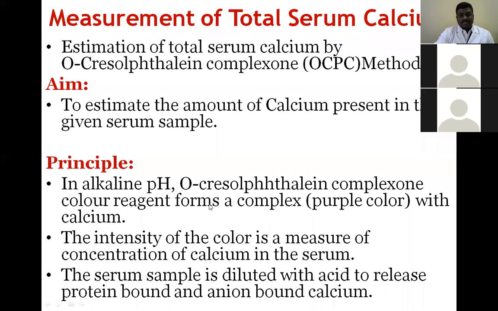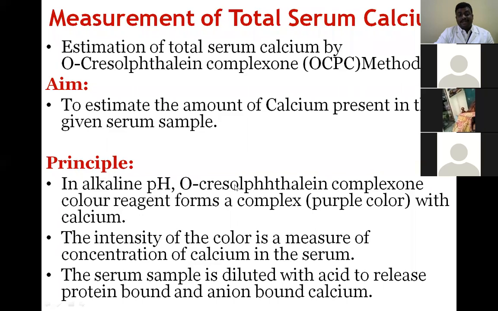This color reagent immediately binds to the calcium present in the protein, forming a purple colored complex. This purple color depends on the calcium concentration. If there is a high calcium concentration, it gives more purple color.